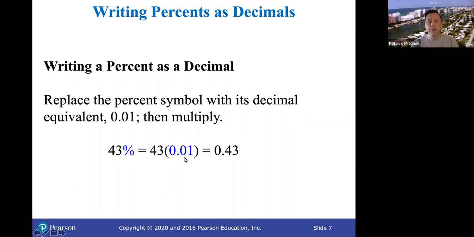And then remember from the last chapter, when you multiply a number by 1/100th, all you have to do is move the decimal point 2 places to the left. So it starts off after the 3, you go 1, 2, it ends up right before the 4.